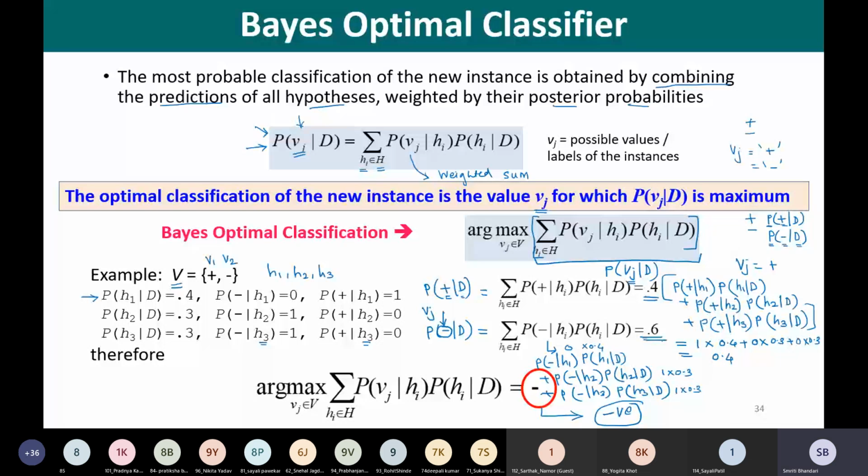Yes? Is there any doubt? No, ma'am. Understood the concept of Bayes optimal classifier? Yes, ma'am. Please try to understand all the expressions.